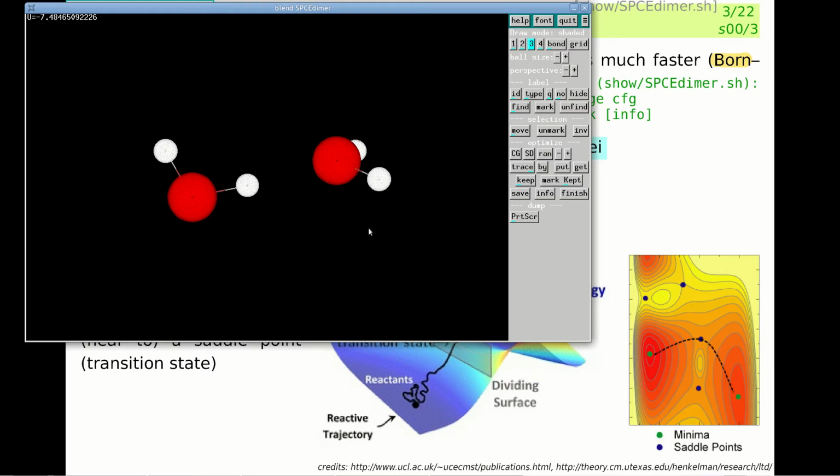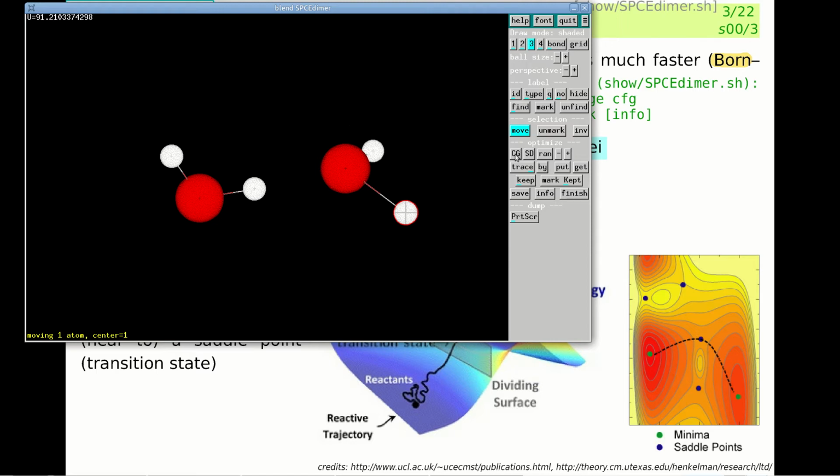You can see the minimum energy here, and what we can do now, I can, for example, click this atom and move it out, so this bond will be longer. I can recalculate energy, and you can see that the energy, which is here in kilocalories per mole, is much higher.